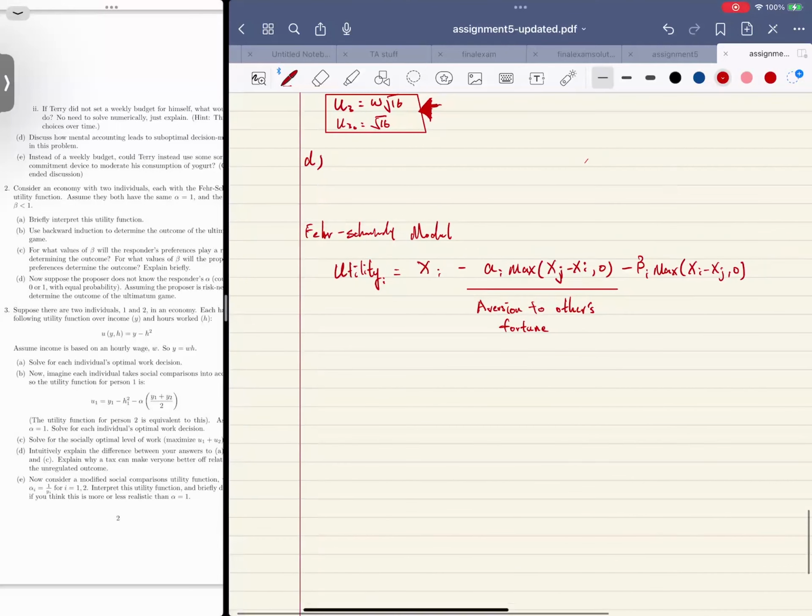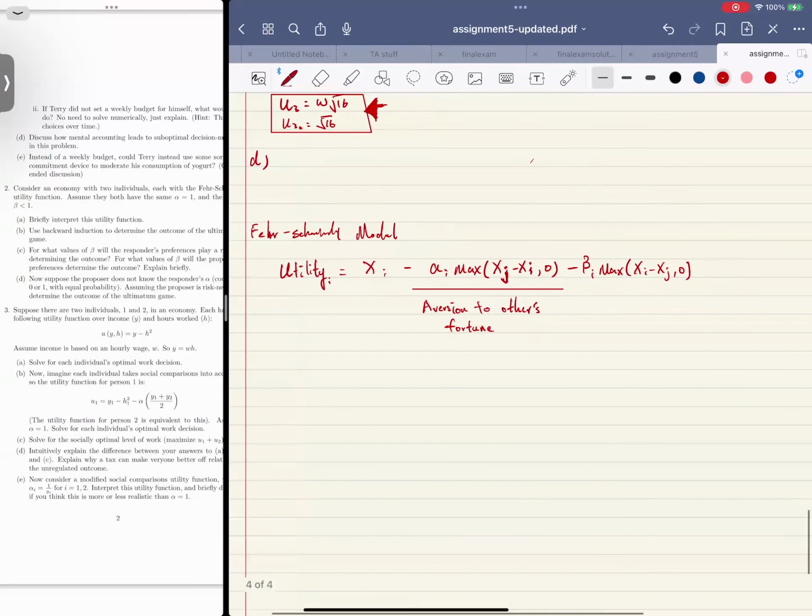Right. So x_j is the other person and x_i is myself. If you make more money than me, then my overall utility would be x_i minus some alpha_i of some number, I guess the difference between you and me, right? Yeah. So alpha is aversion to others' fortune, and then beta is aversion to others' pain.